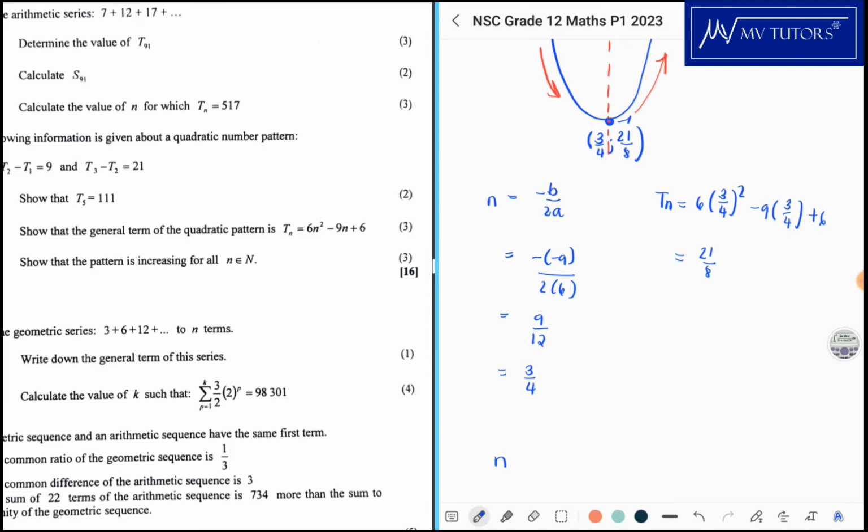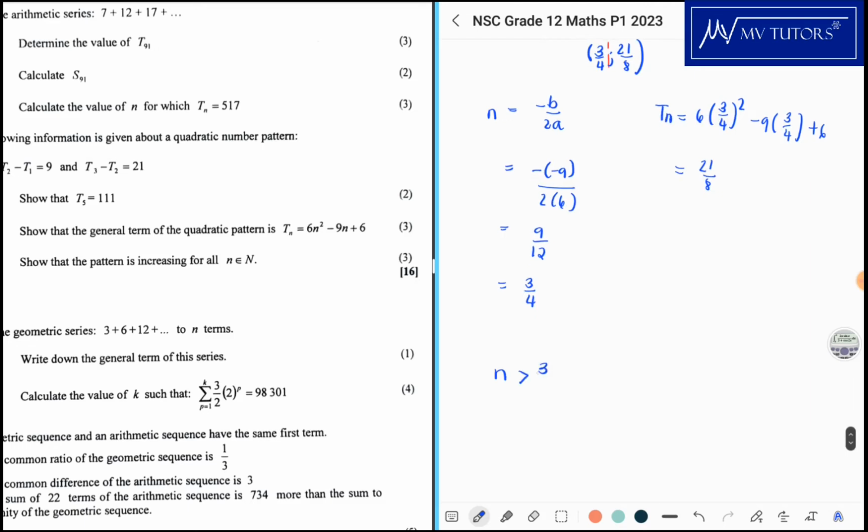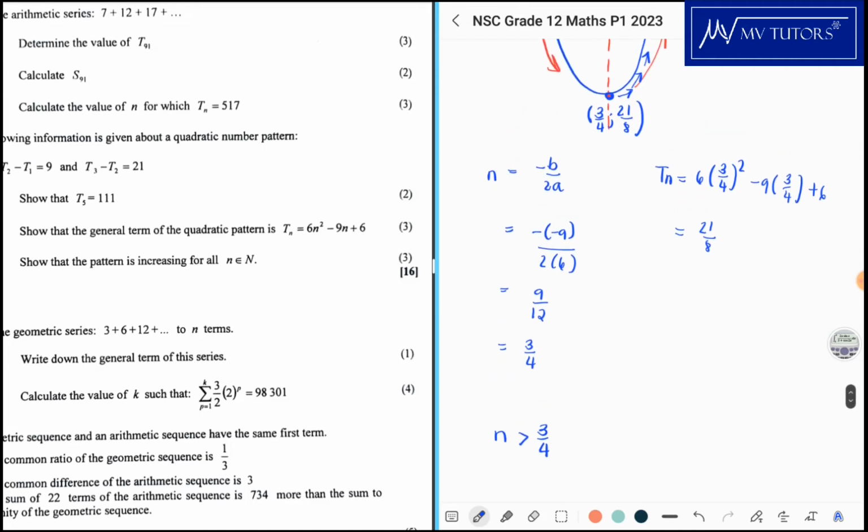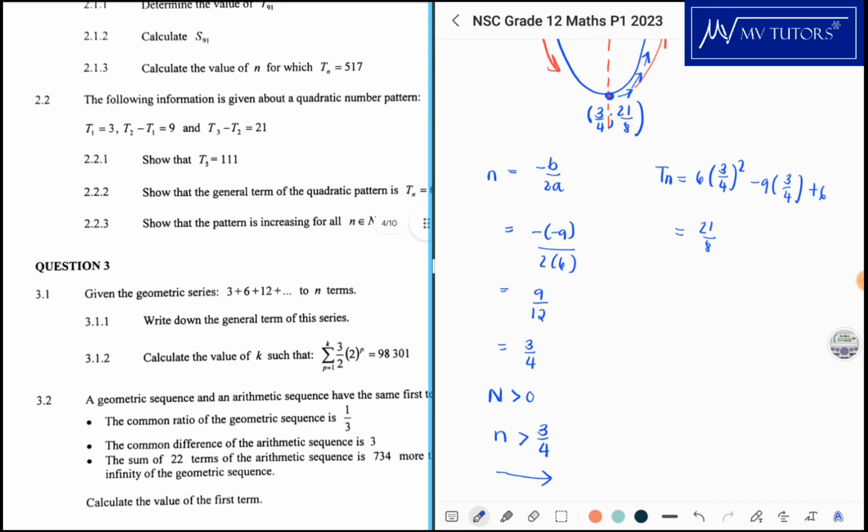But going on, for n bigger than 3 over 4, that's where you have numbers that are increasing. 3 over 4 is 0.75. Like we said, natural numbers are those where the values are bigger than 0. And we've seen here that indeed n is bigger than 0, which is from 0.75 onwards, your pattern is always increasing. And that concludes question 2. Let's head over to question 3.